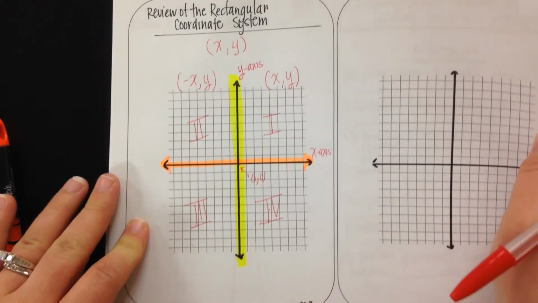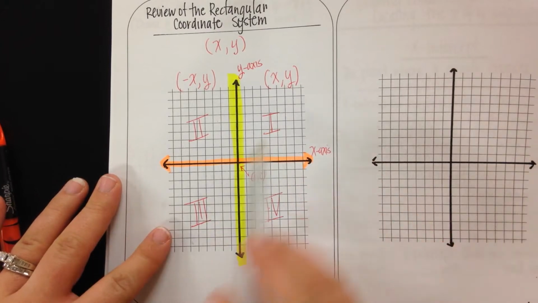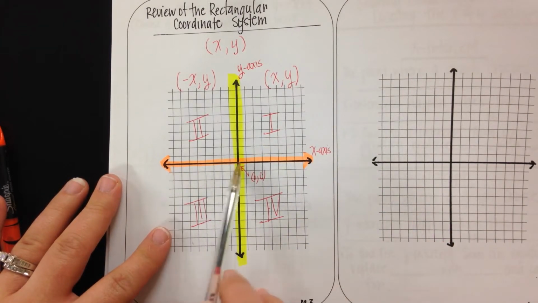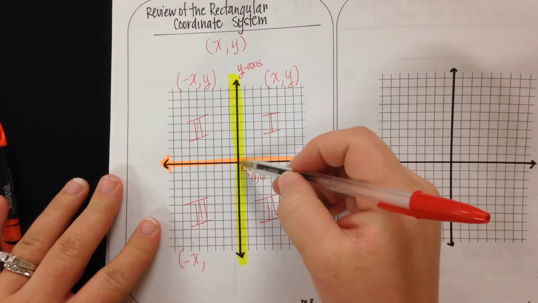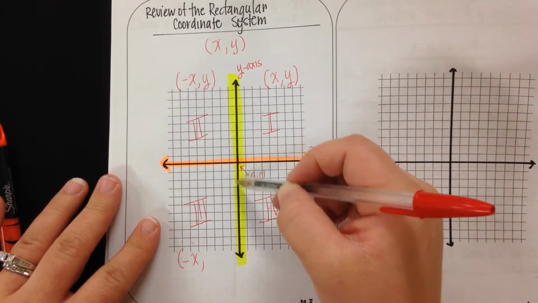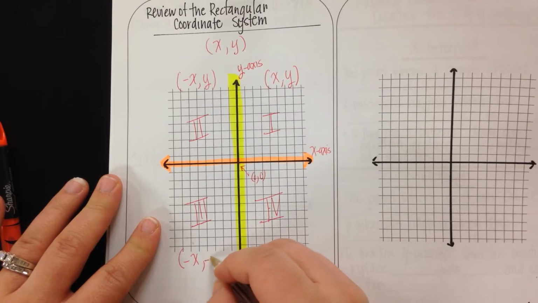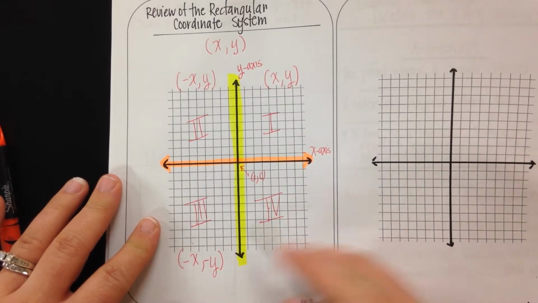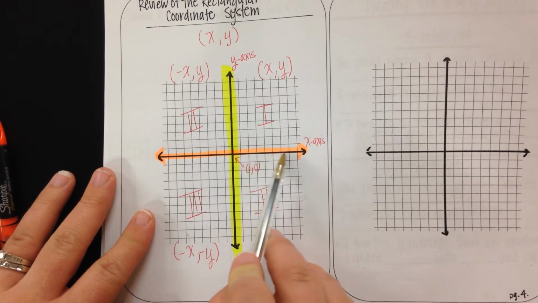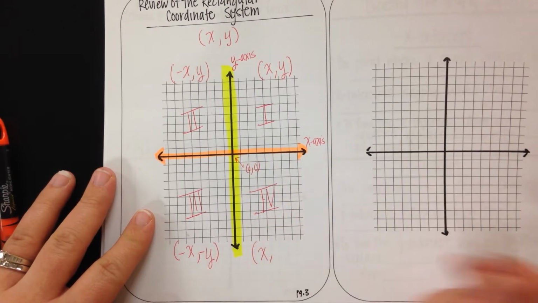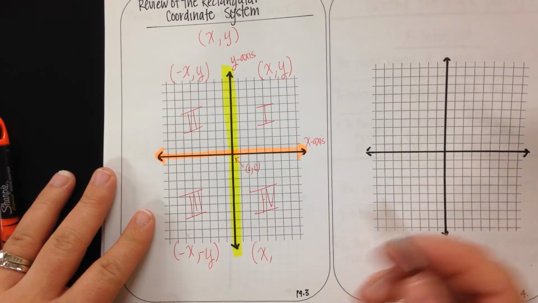Bottom quadrants. Quadrant 3. Okay. What is our x values going to be if it's left of that 0? Negative x. What about our y? This is 0. What's going down from 0? Okay, very good. And then quadrant 4, what values of x do I have? Positive. And then y values are negative.